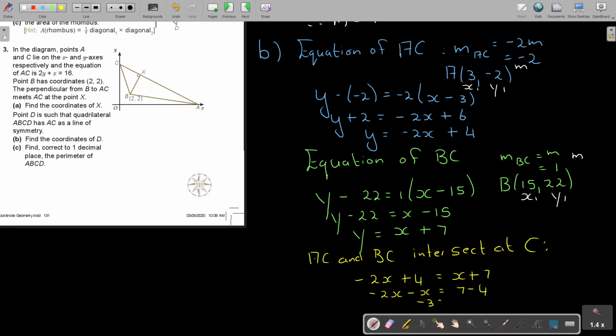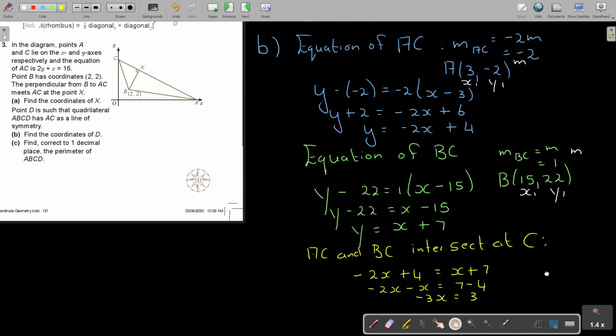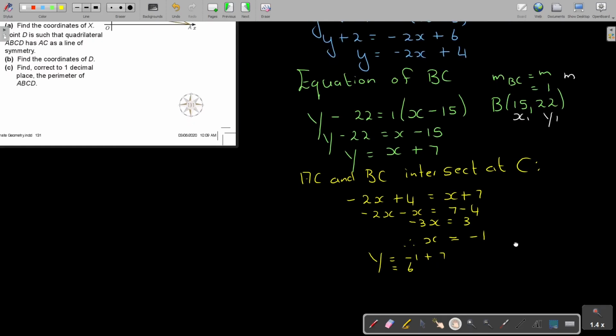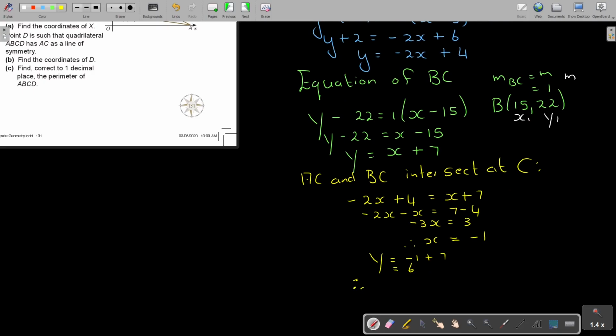So negative 3x is equal to 3. So therefore, x is equal to negative 1. And if I must find y, y is equal to negative 1 plus 7. So y is equal to 6. So therefore, C is negative 1 and 6. And that's your final answer.